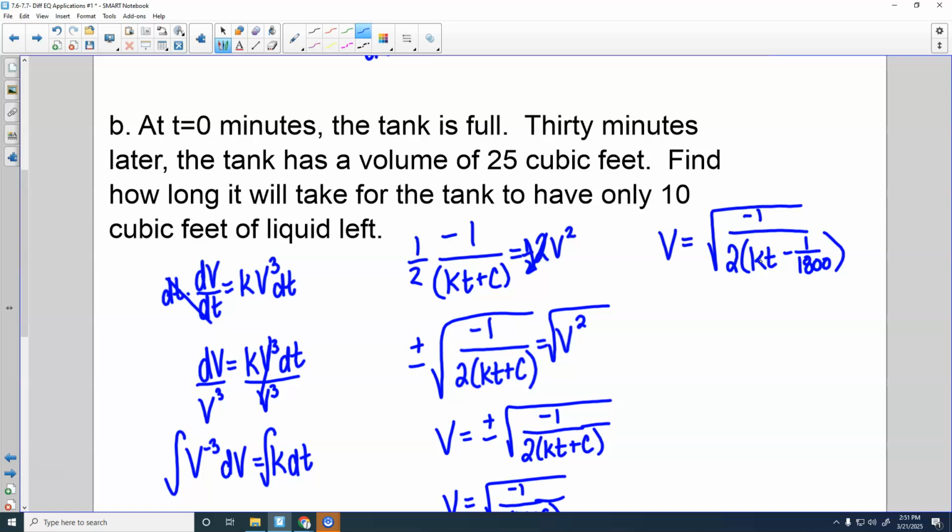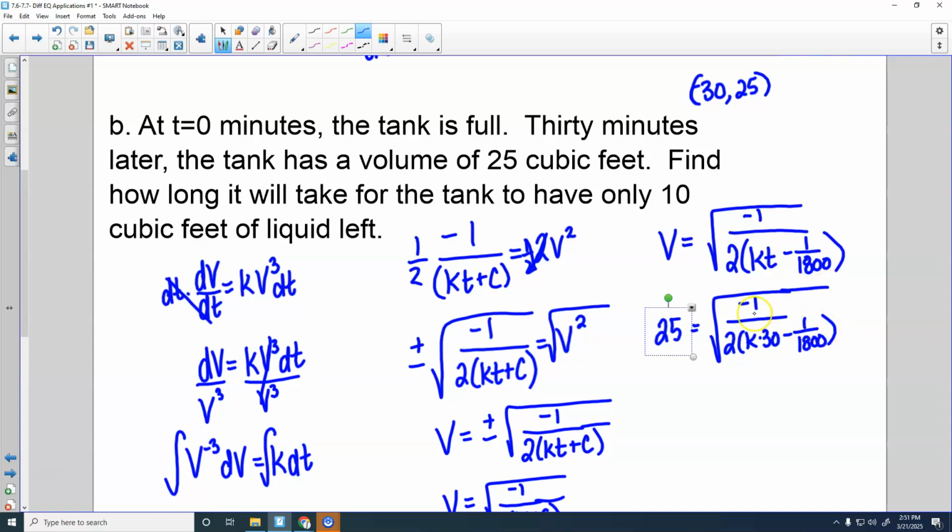So what should we do next? Okay, we got 30 minutes and 25 cubic feet, right? So 30 minutes and 25 cubic feet is going to go in. So we got 25 equals the square root of negative 1 over 2 times (K times 30 minus 1 over 1800).